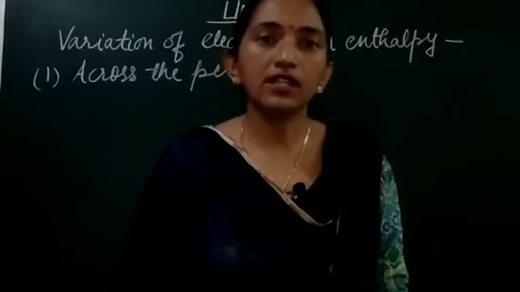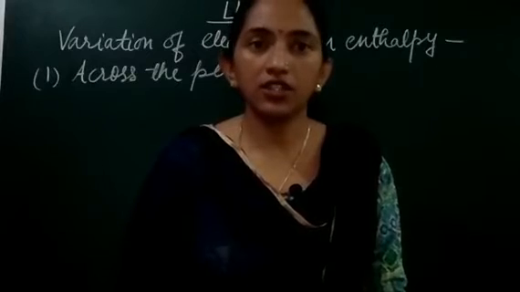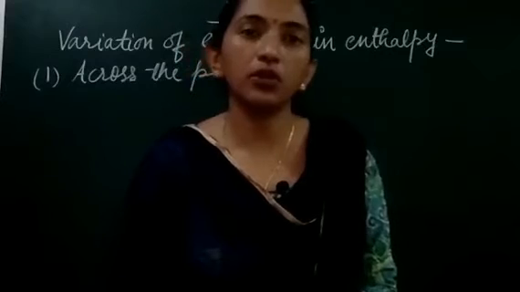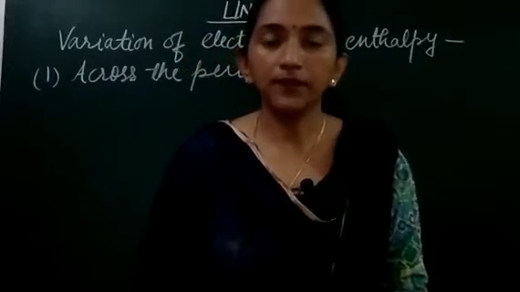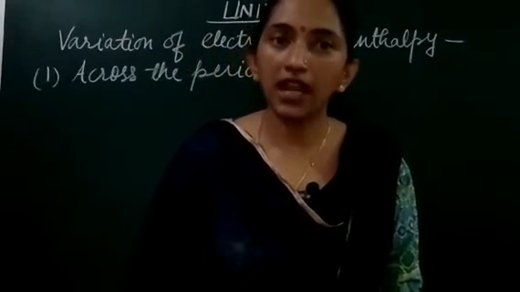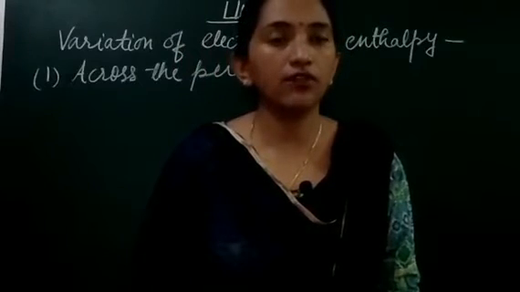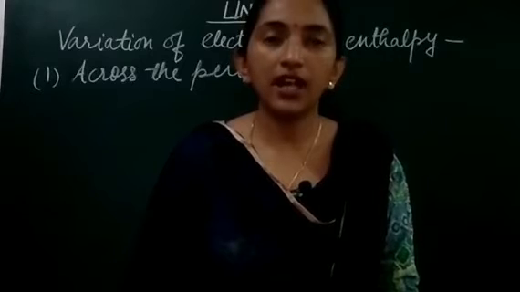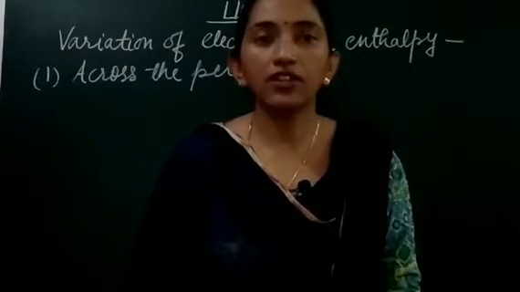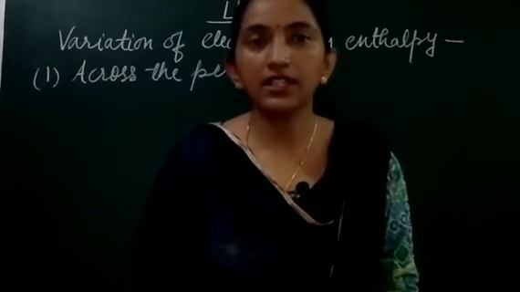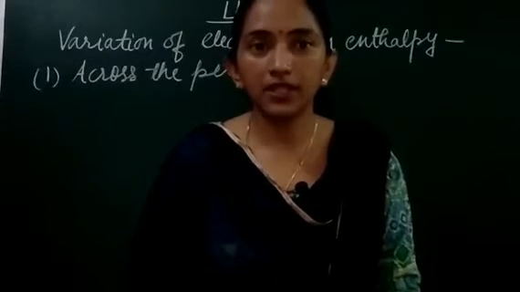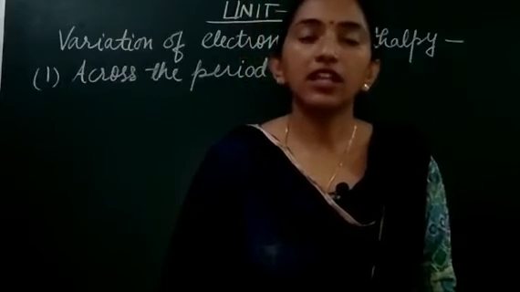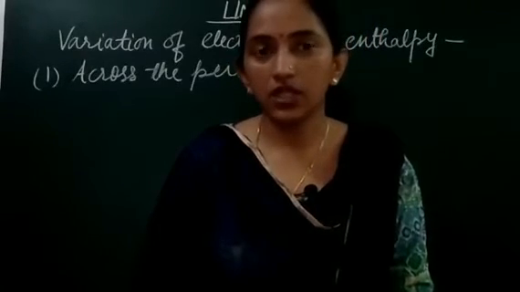Now we are going to discuss the variation. Before we start, the electron gain enthalpy depends upon the size of the atom, the nuclear charge of the atom, and the electronic configuration. If the size of the atom is small, nuclear charge is high, and the electronic configuration is less stable, not complete or half filled, in that case the electron gain enthalpy will have negative values.